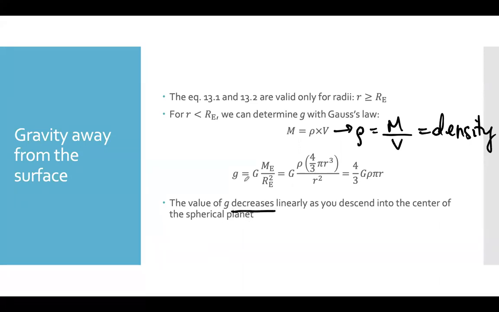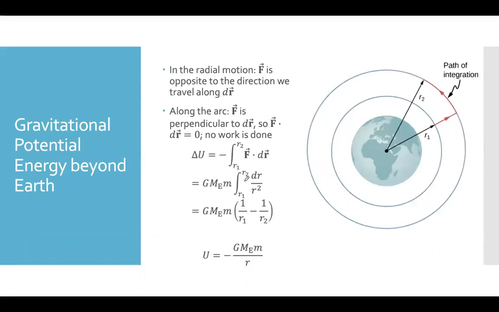So we need to find a way to look at the gravitational potential energy beyond Earth. Let's look at this figure here. We have the Earth here, and say we have some object orbiting at R1 and another object orbiting at R2. We want to know the gravitational potential energy difference between those two points.